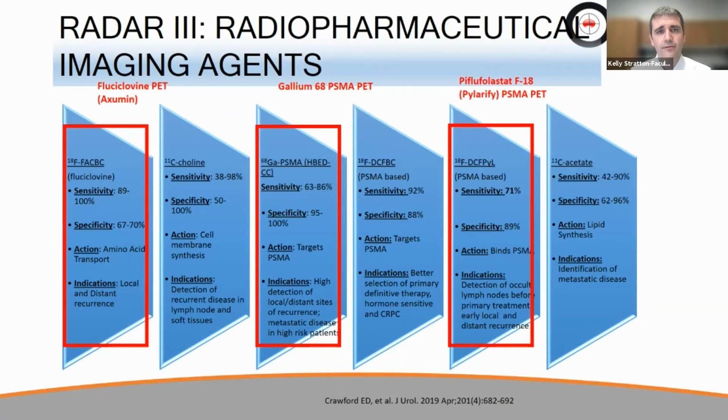It's only approved for prostate cancer imaging in patients who have recurrence. Gallium 68 PSMA PET and F18 PSMA PET are both PSMA targeted PET scans that have recently been FDA approved and hopefully will become increasingly available to centers across the country. Choline PET is also FDA approved, but has limited availability.